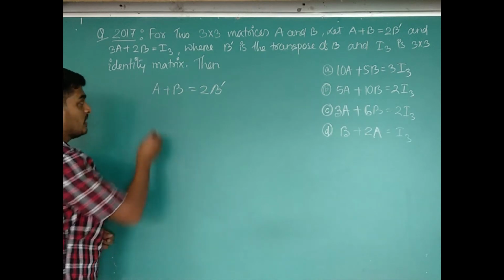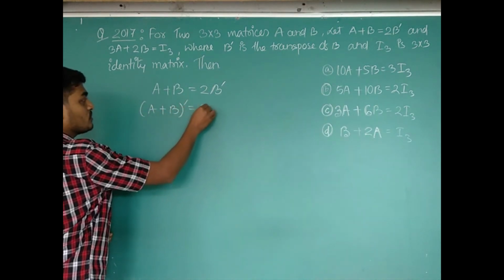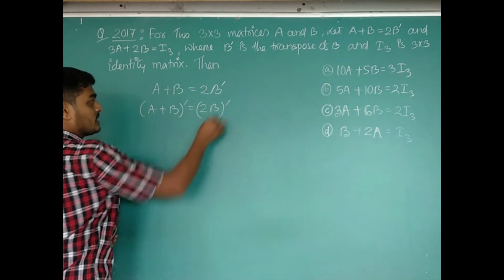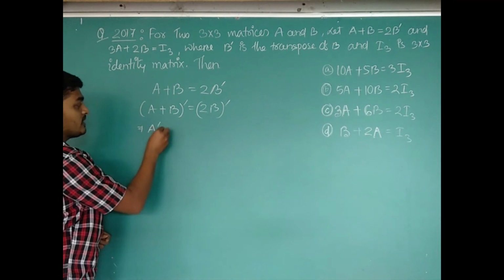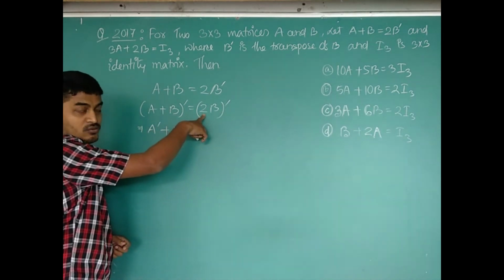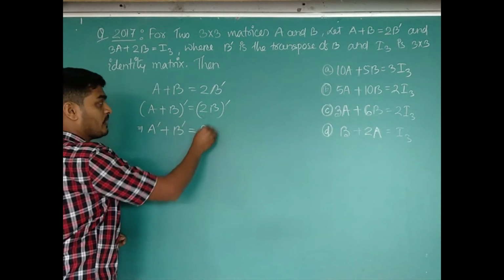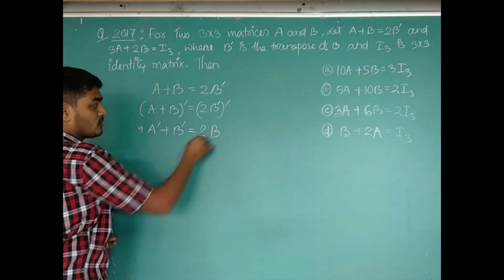This is known to us. By transposing both sides, A plus B whole transpose equals twice B transpose. We know that A plus B whole transpose is always equal to A transpose plus B transpose, and 2 is a constant quantity, not a matrix, so it will remain the same. And B transpose whole transpose will be equal to B.